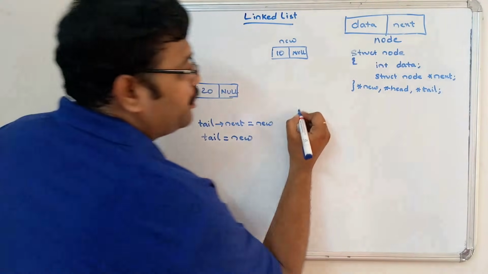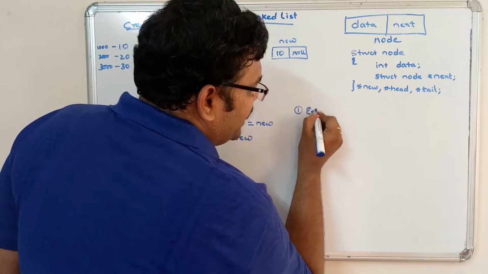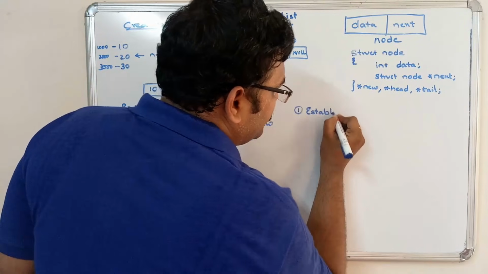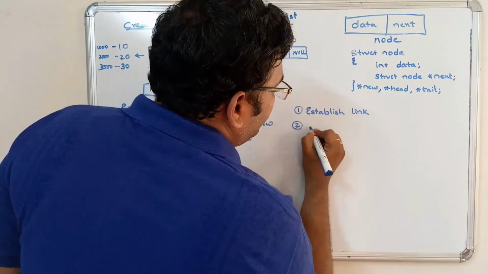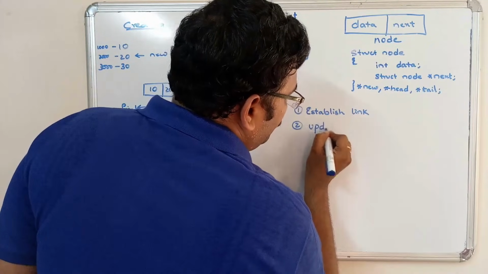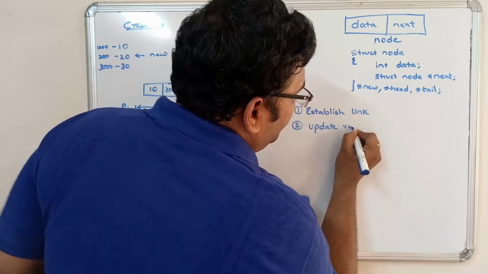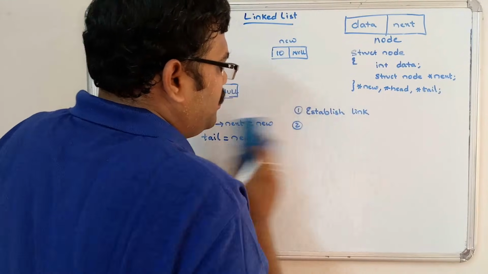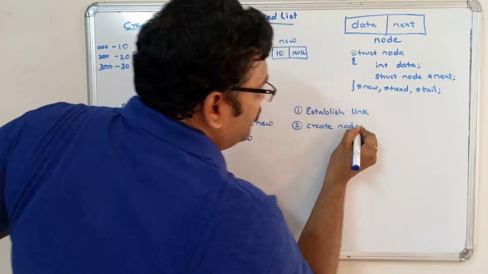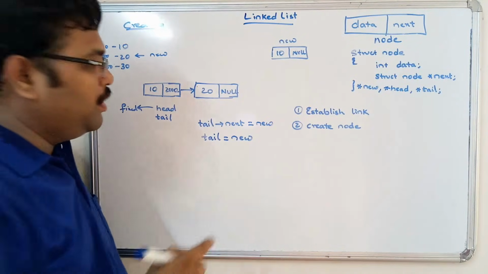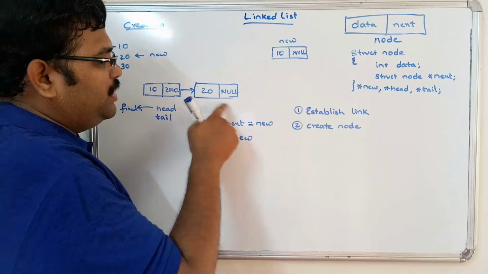So this is very important. First one means establish the link. Next, update value. Create a node. So tail is equal to new, this one.